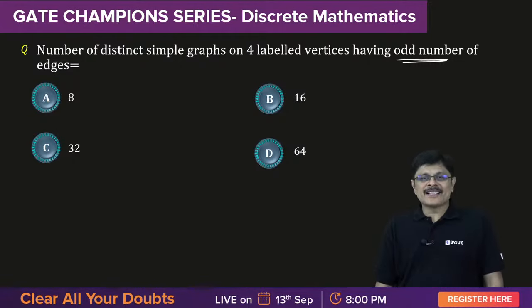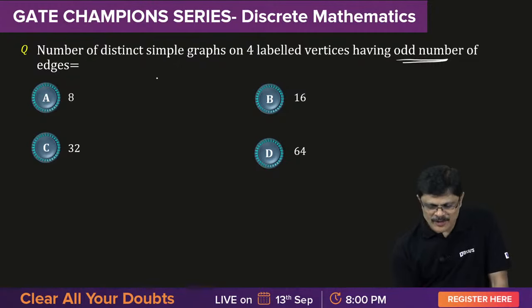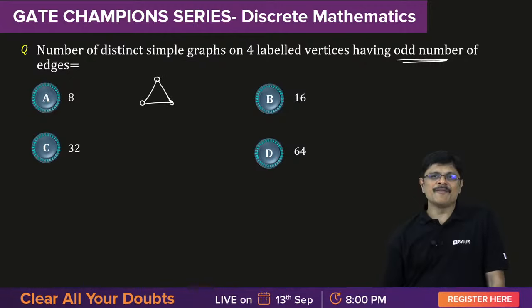See, this result can be answered for labeled and for unlabeled, because, I'll tell you a simple logic. If it is unlabeled with 3 vertices, only one triangle is possible. With the labeled, the story will be different, my dear friends.